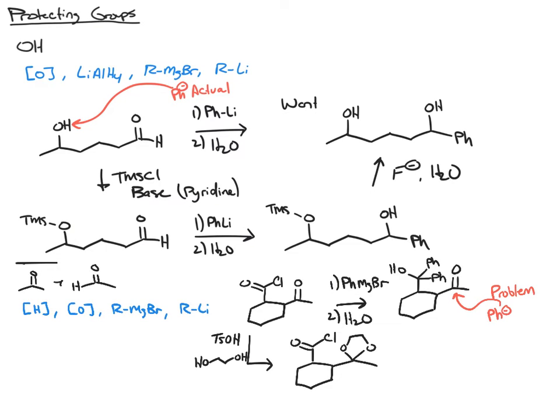So we've protected that ketone. Now you can add your Grignard reagent. It'll add to the acid chloride. It's not going to bother the acetal. So it'll add the 2 phenyls to the acid chloride.